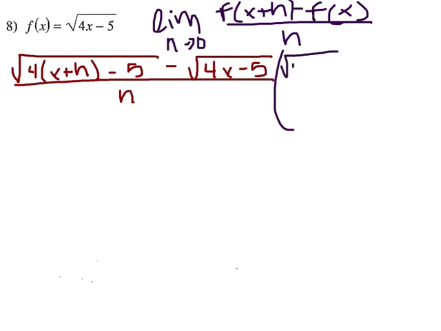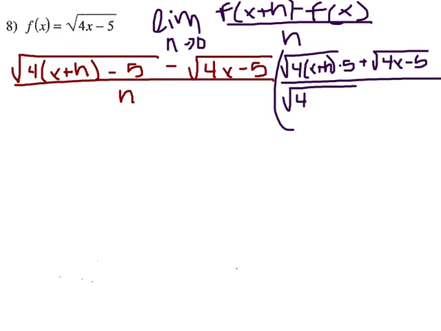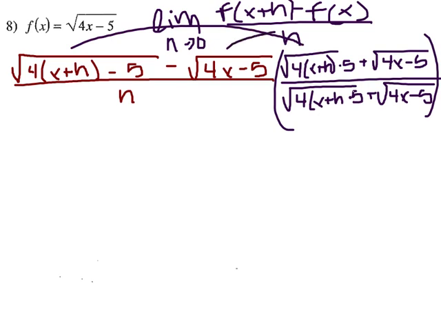So we'll multiply by the square root of 4x plus h minus 5 plus the square root of 4x minus 5, all over the square root of 4x plus h minus 5 plus the square root of 4x minus 5. And we'll multiply this out, the first terms, the last terms. Remember, our outer and inner terms, since they're opposites, will end up canceling out.